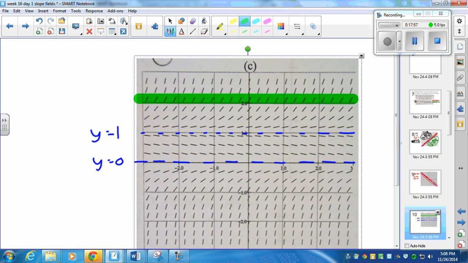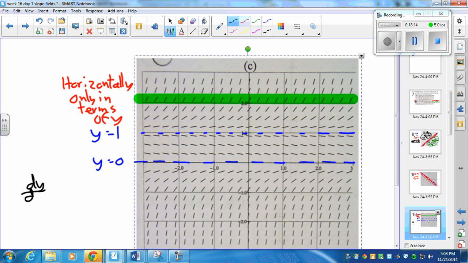No. So if the ticks don't change horizontally, then it's only in terms of y. So the one that makes sense to me is dy dx equals y times y minus 1. Now, only in terms of y, check.